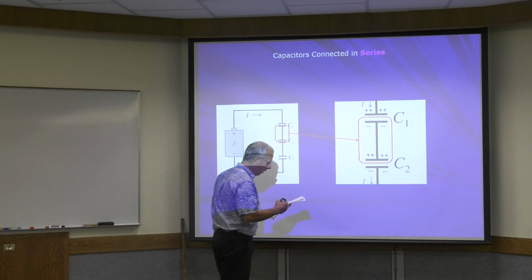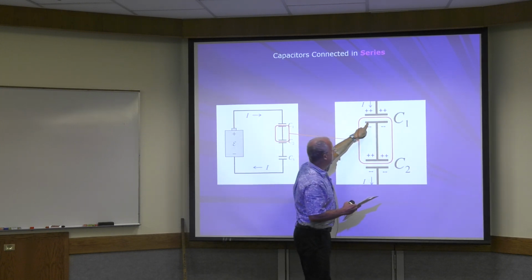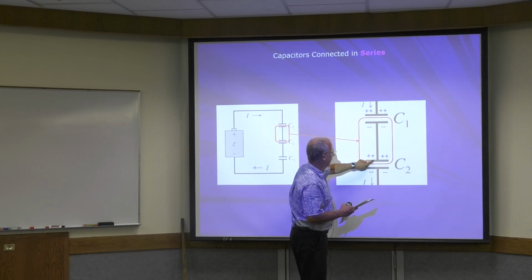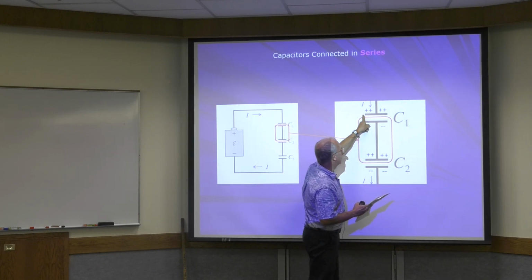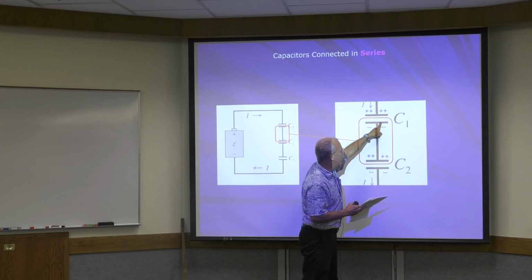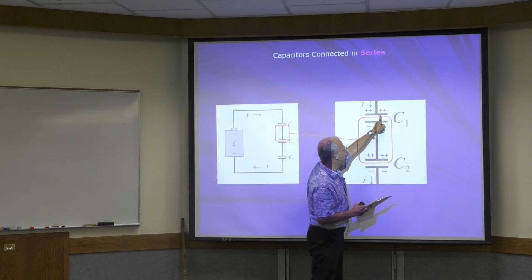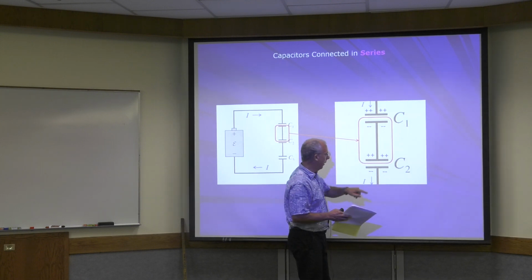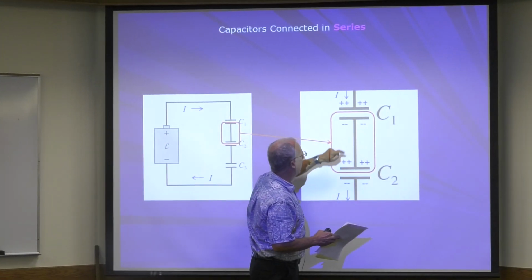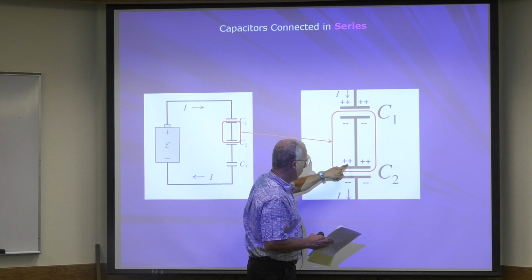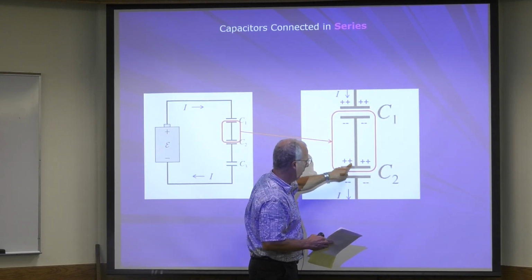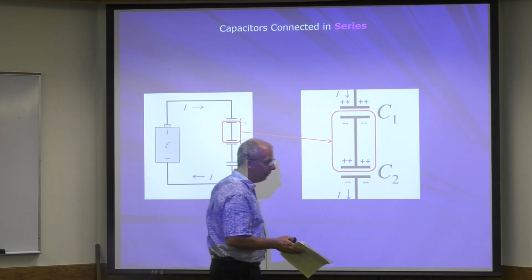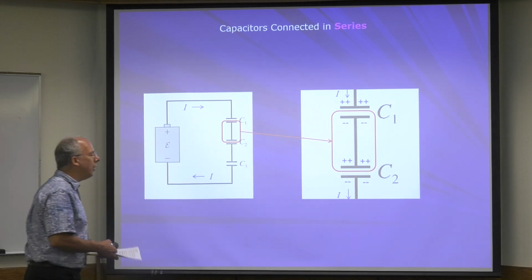Has to be neutral. Well, if this is equal to that, but wait a second, what's true about that and that? They're equal. That has to be equal to that because it's a capacitor. I'm just talking about magnitude, by the way. So that's equal to that. What has to be true about that and that? Same charge. So what am I really trying to say?